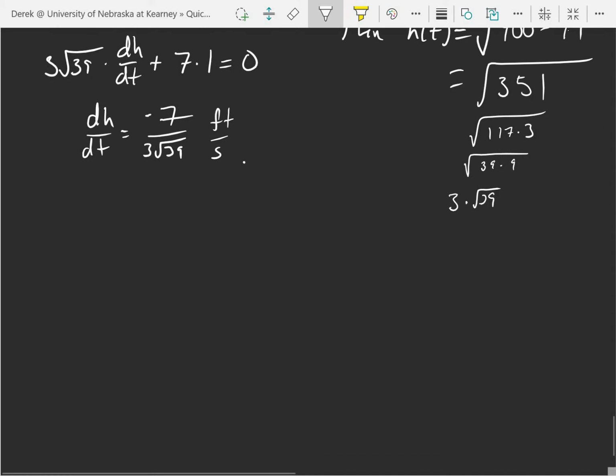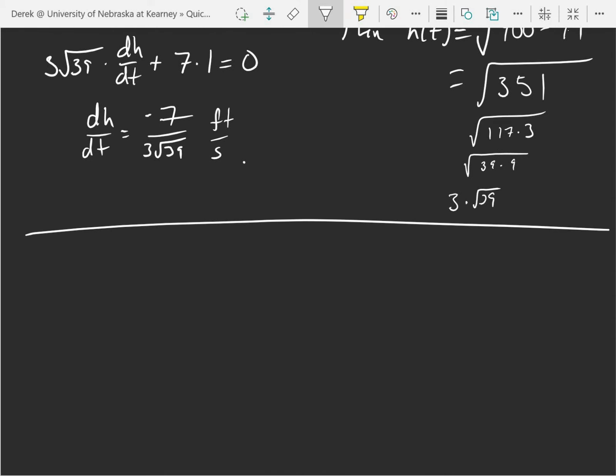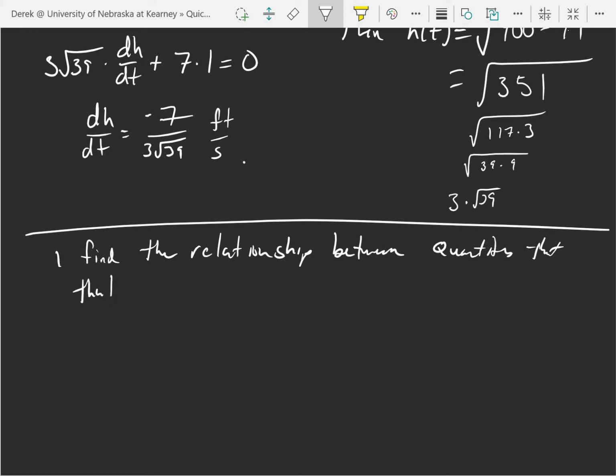Okay, so related rates problems sort of have a couple steps to them. We've got to find the relationship between quantities that are the numerator of the rates that we need to compare. Okay, so let's review.